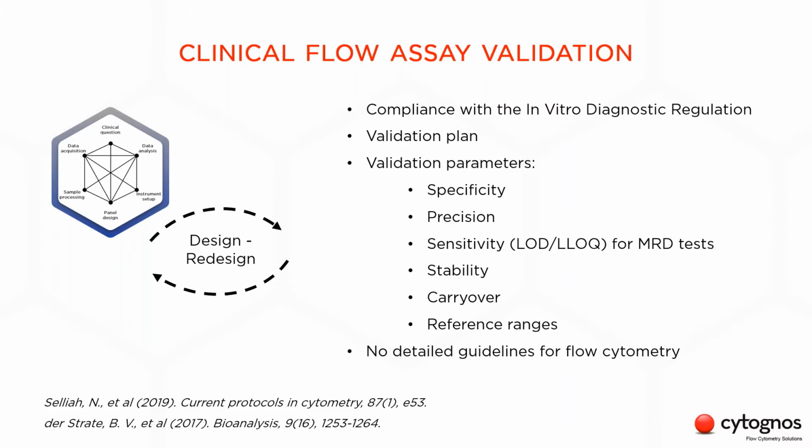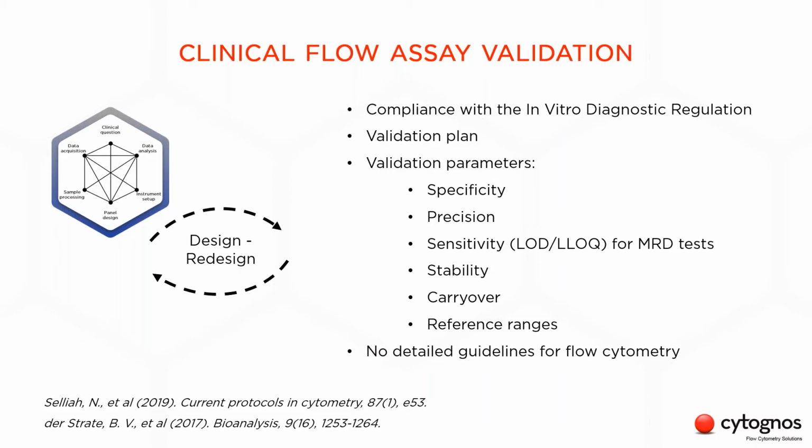And we need to put together a fit-for-purpose validation plan and assess several parameters like specificity, precision, sensitivity, which is essential for MRD assays, carryover, and even establishing reference ranges.